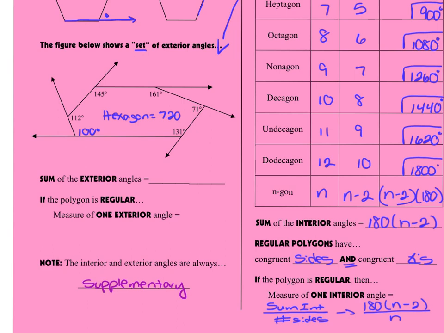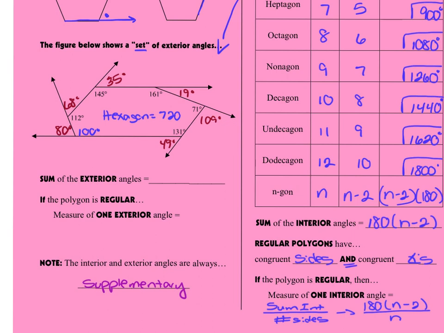You could pause the video and try to calculate them and check. I'm just going to fill them in. Our exterior angles would be 35 degrees, 19 degrees, 109 degrees, 49 degrees, 80 degrees, and one more, I almost missed it, 68 degrees.